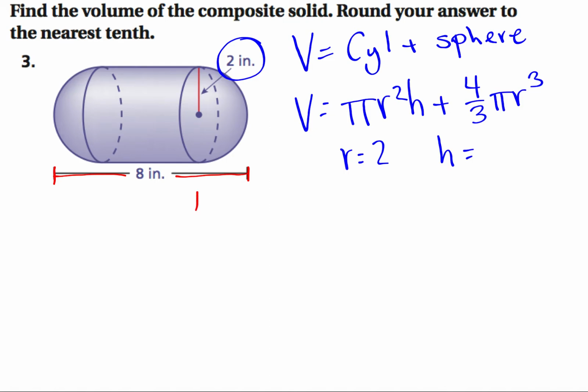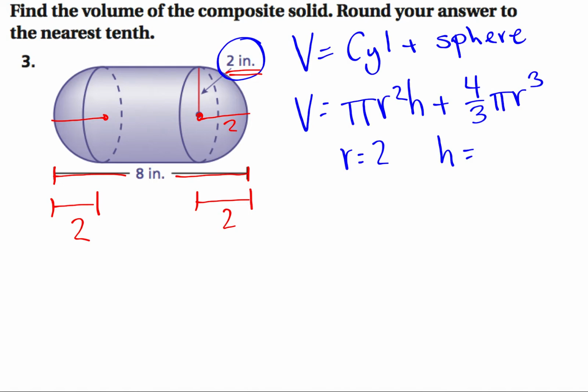We need to take off the hemispherical pieces to figure out what is left in the middle. Now, the way we're going to do this is realizing that the radius of the sphere is 2 inches. The distance from the center of the hemisphere here to the end is going to be 2 inches. And the same will be true on this other side, 2 inches. 2 inches and 2 inches.